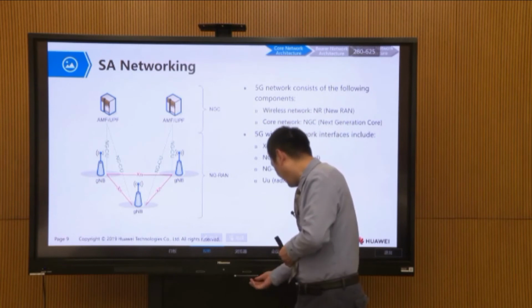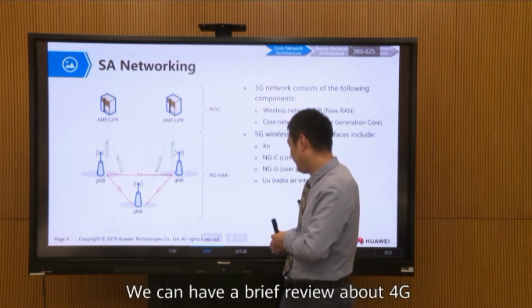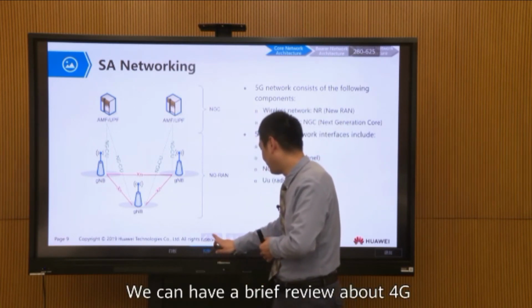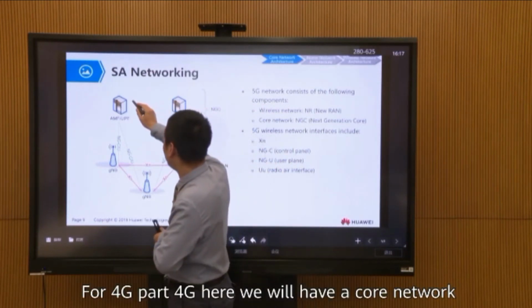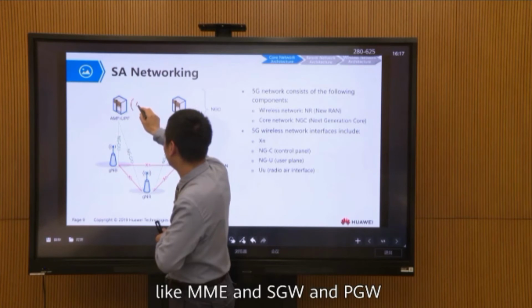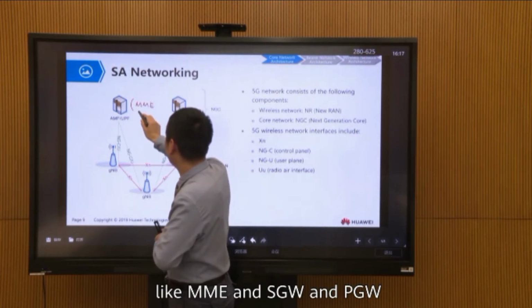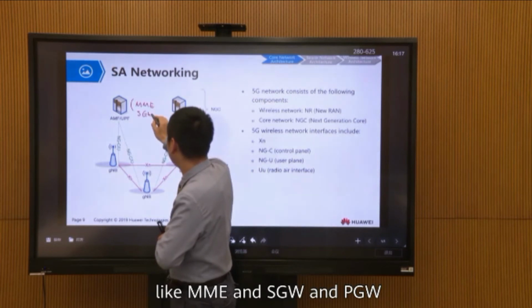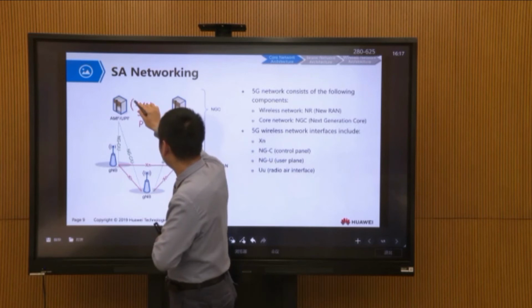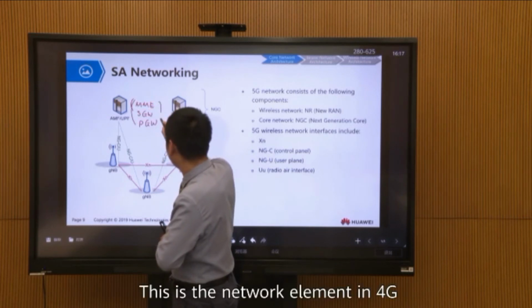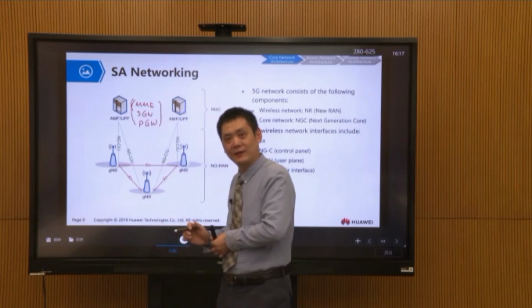Okay, and we can have a brief review of 4G. For 4G we have a core network with MME, SGW and PGW. These are the network elements in 4G.